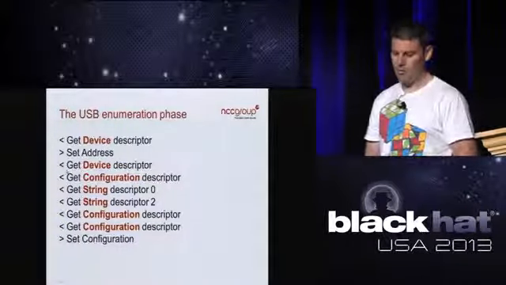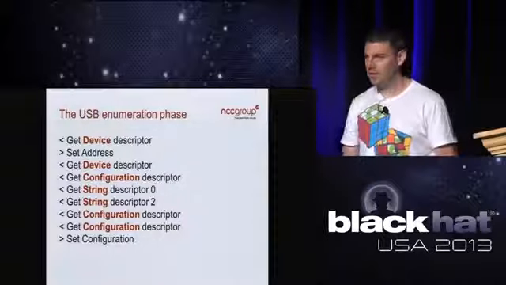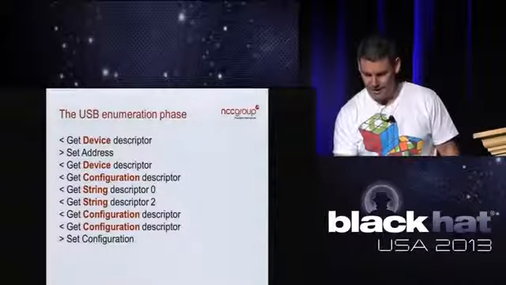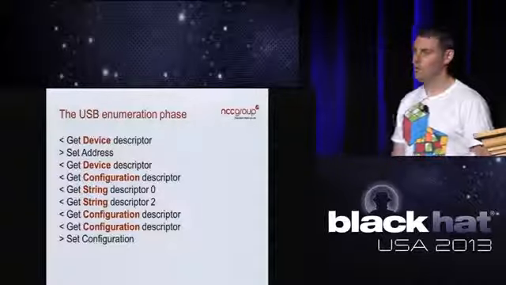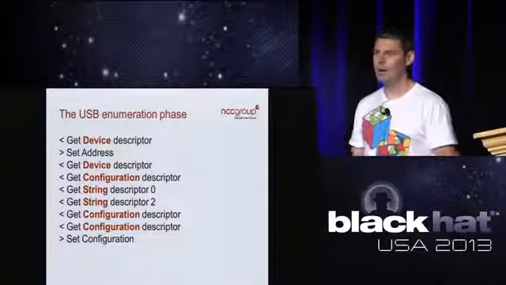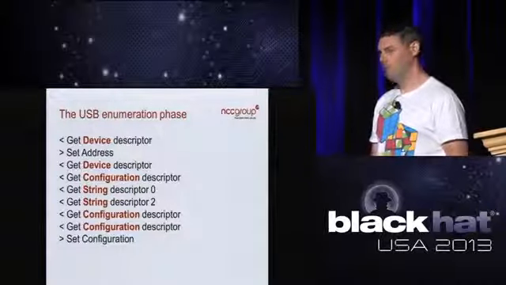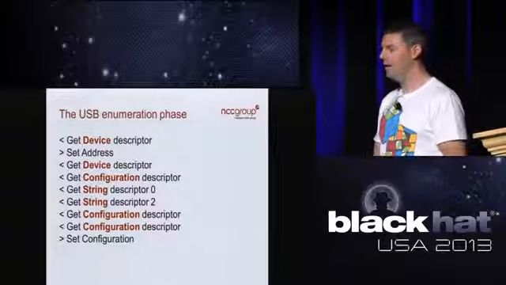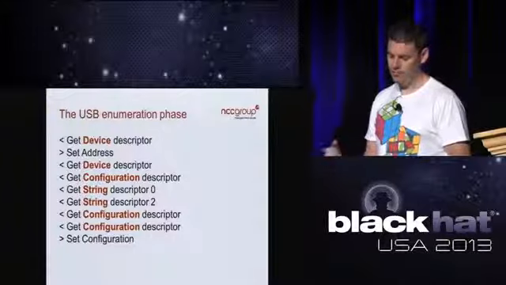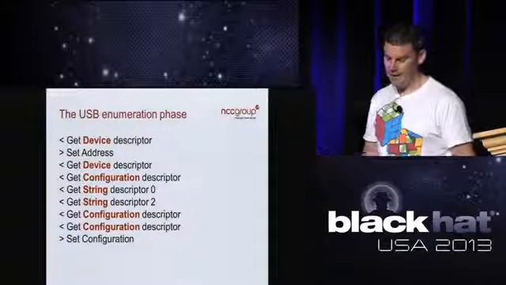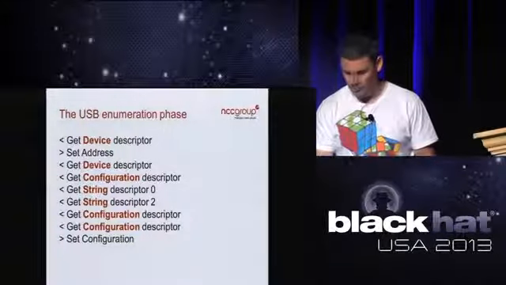The device descriptor is requested a second time. I'll explain why in a minute. And then there's a bunch of different other descriptors that are requested to gain information about the device in order for the host to be able to load the appropriate drivers, configure the host driver configuration, and get the communication going with the USB device.